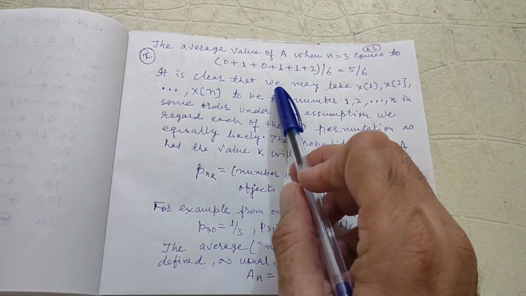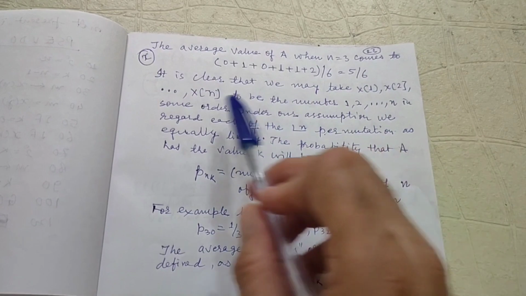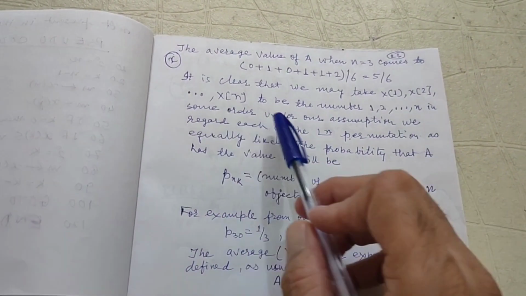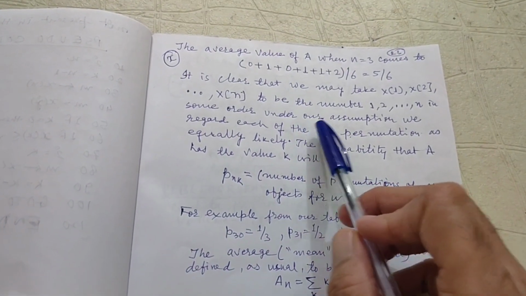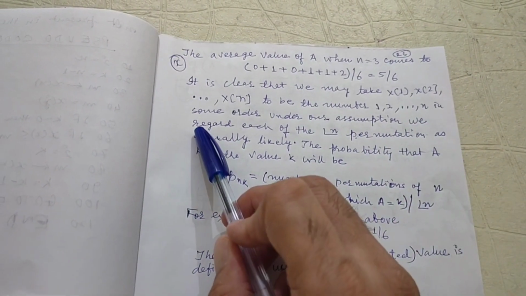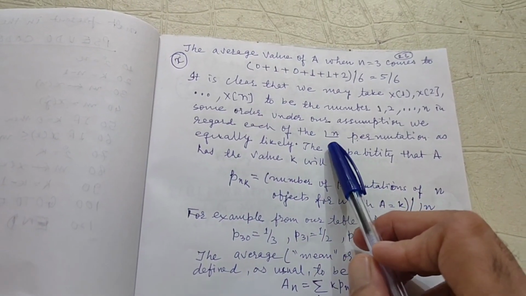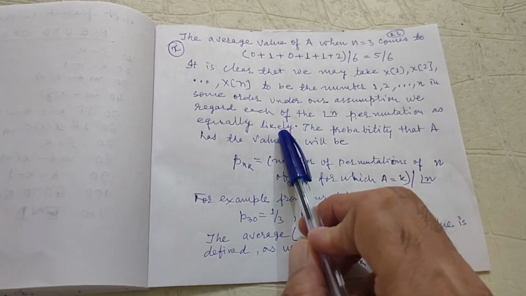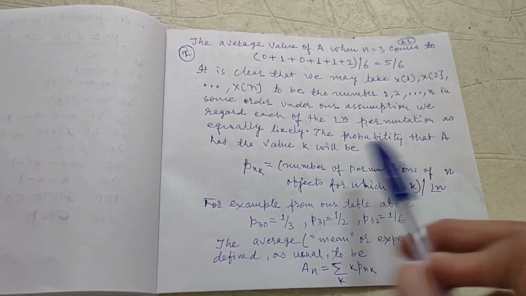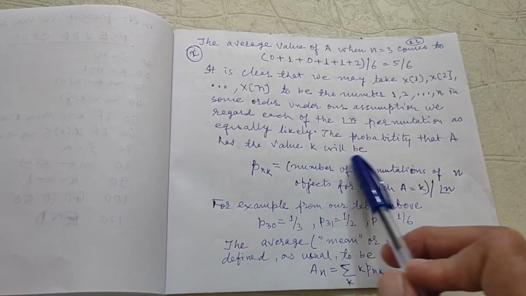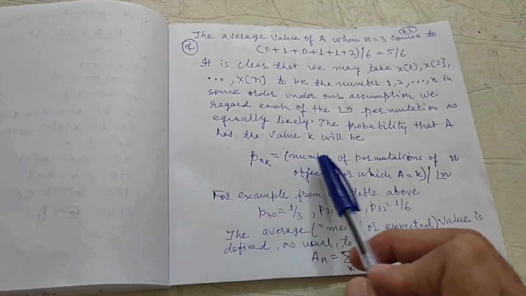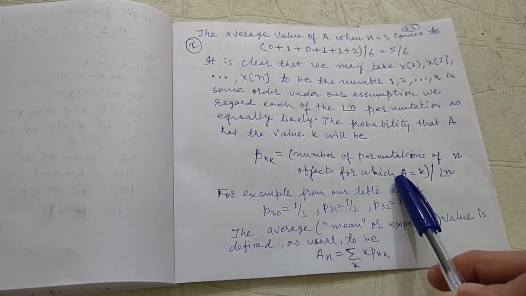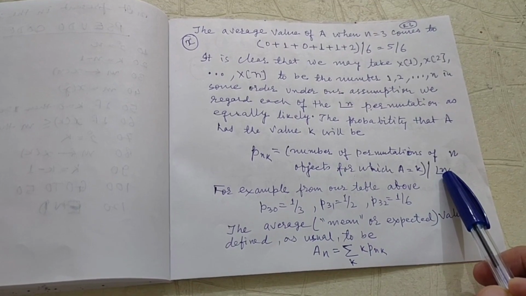It is clear that we may take x1, x2, ..., xn to be the numbers 1, 2, 3, ..., n in some order under our assumption. We regard each of the factorial n permutations as equally likely. The probability that a has the value k will be Pnk, the number of permutations of n objects for which a is k, upon factorial n.